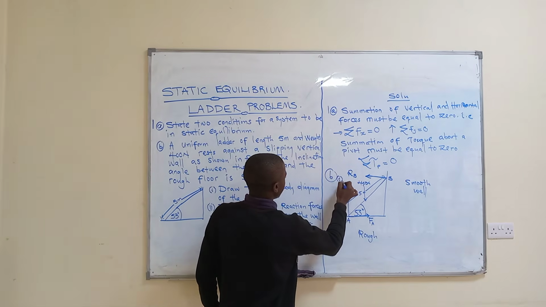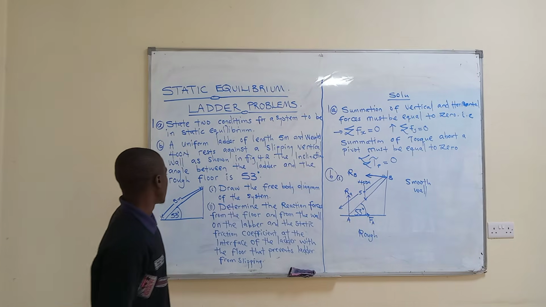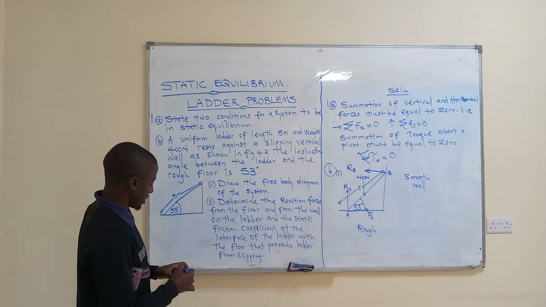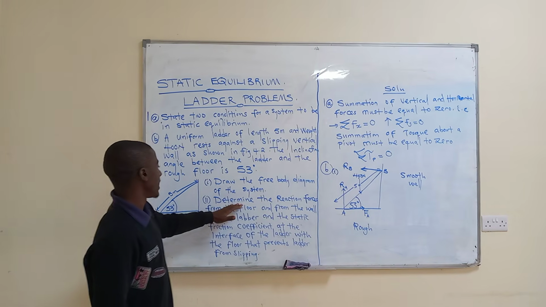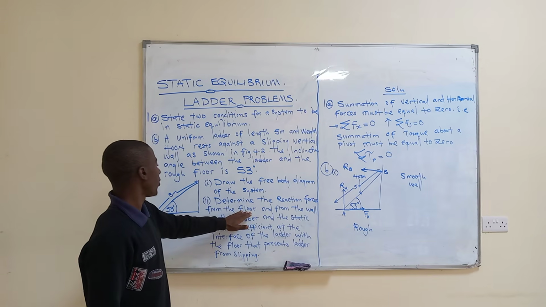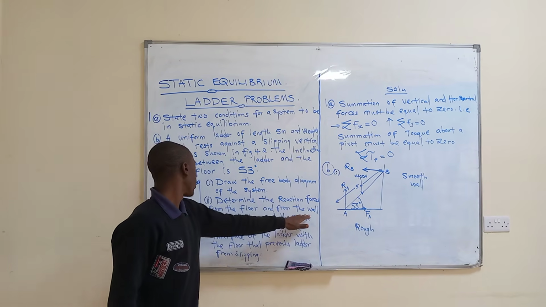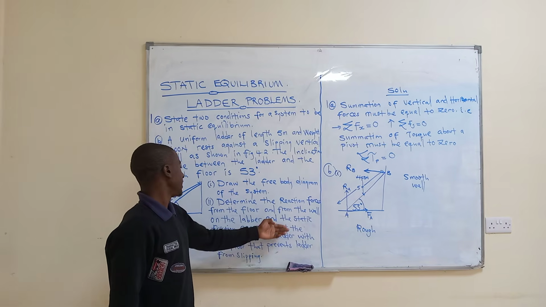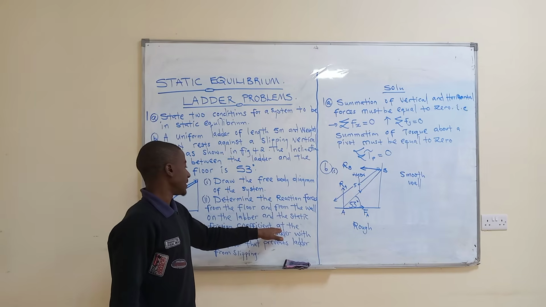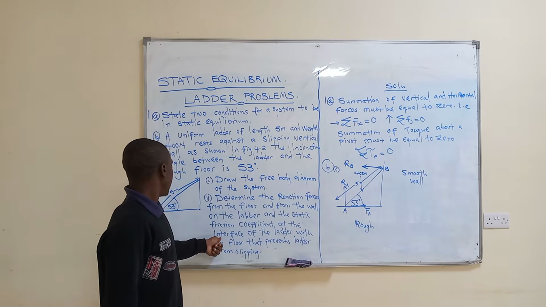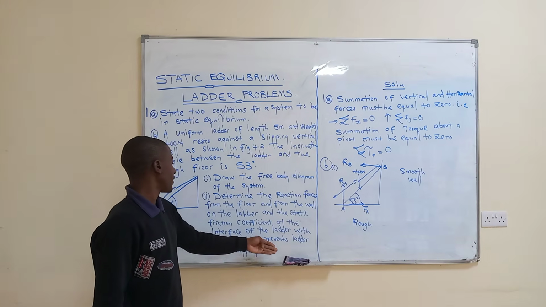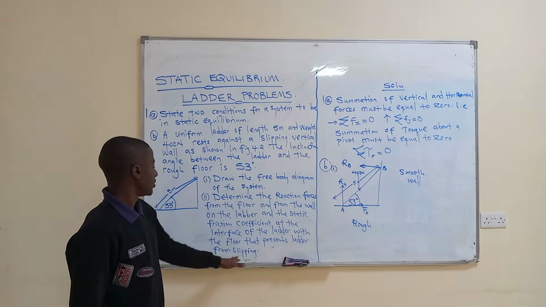Apart from that, we can now proceed to the second question, where they say determine the reaction force from the floor and from the wall on the ladder, and the static friction coefficient at the interface of the ladder with the floor that prevents the ladder from slipping.